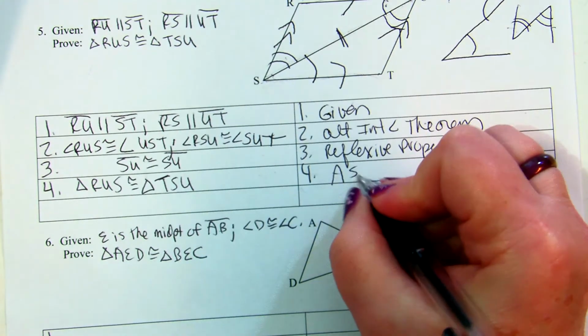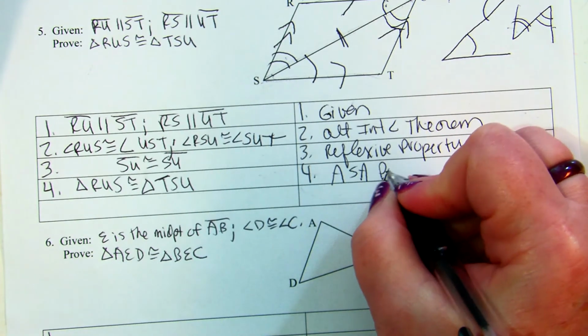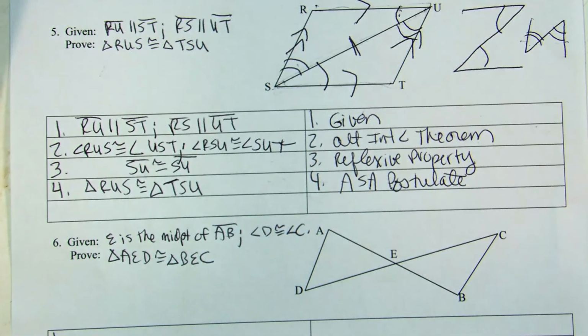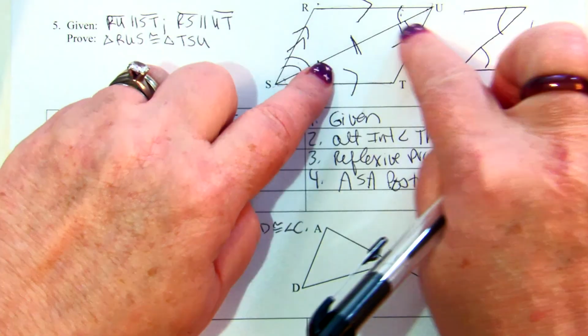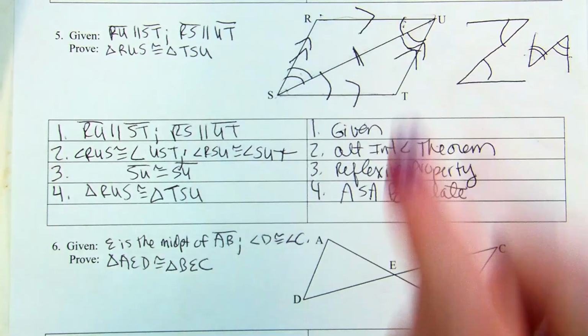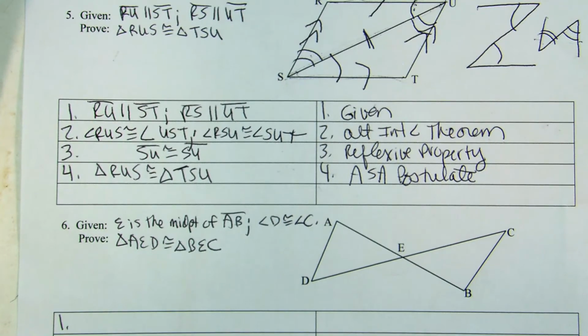Angle, side, angle, postulate. I think that's the hardest one. It's 2 angles and the side between them. Angle, side, angle, postulate.